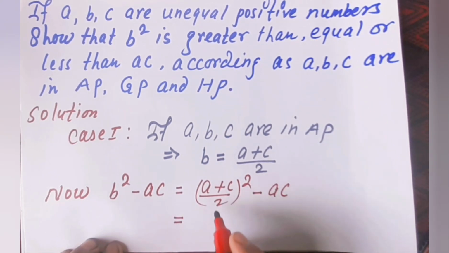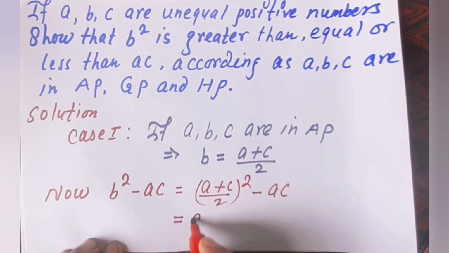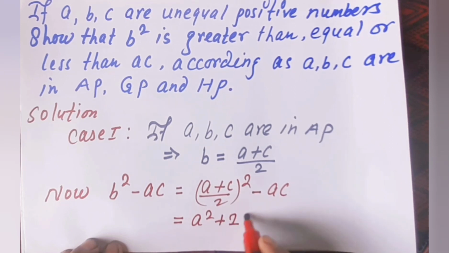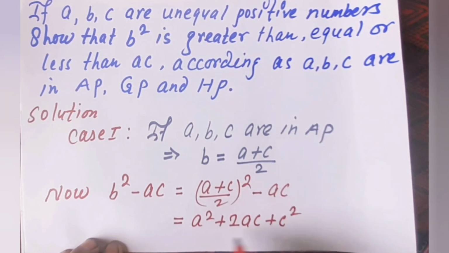Now solving this we get A square plus twice AC plus C square upon the square of 2, which is 4, minus AC.